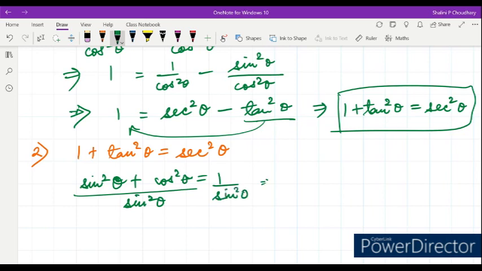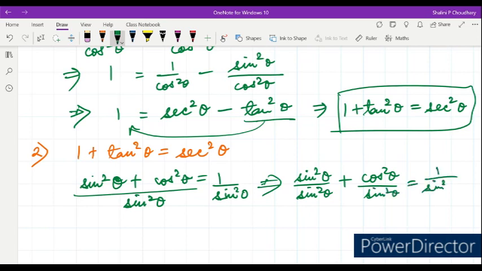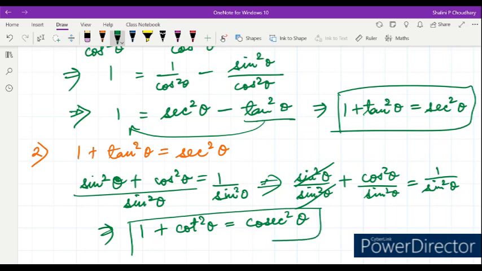Sine square theta upon sine square theta plus cos square theta upon sine square theta equals 1 upon sine square theta, right? So sine square theta cancels, so 1 plus cos upon sine will be cot, so 1 plus cot square theta will be equal to 1 upon sine square theta, that is cosec square theta. Okay, so this formula also we got.